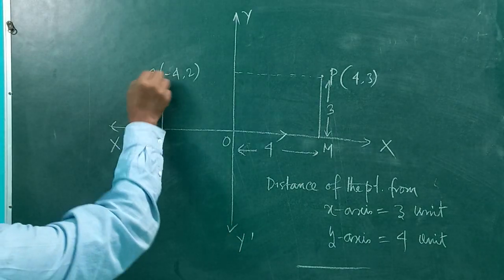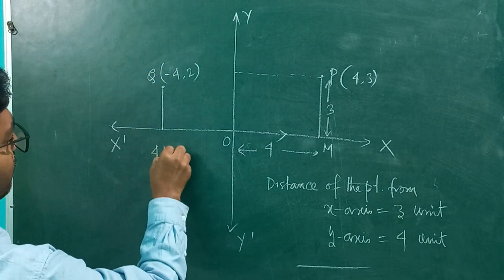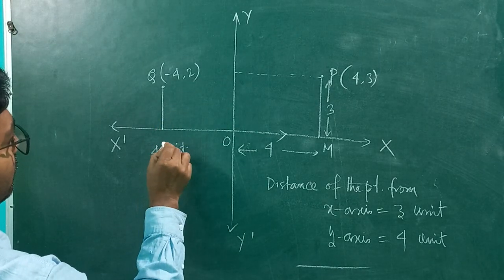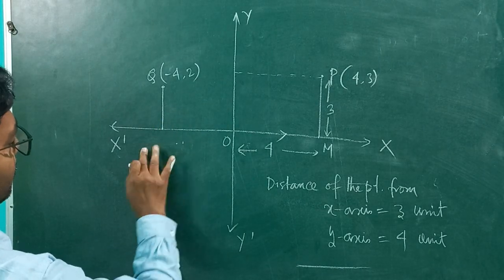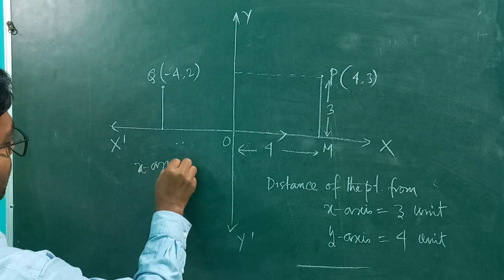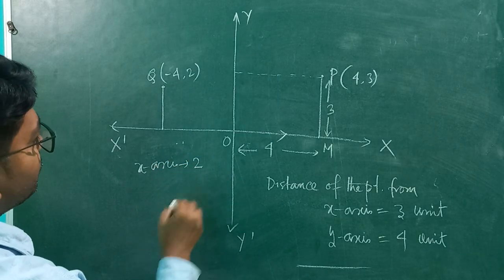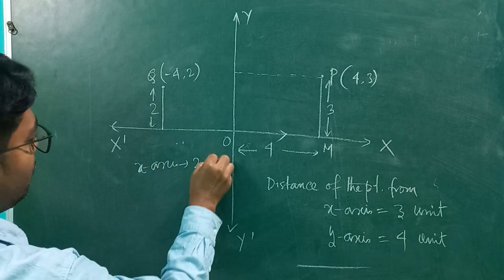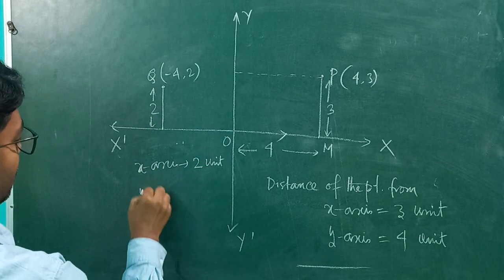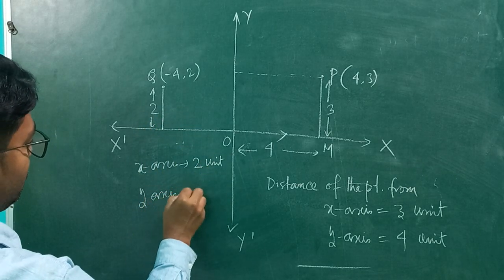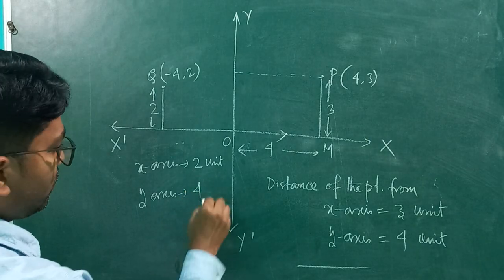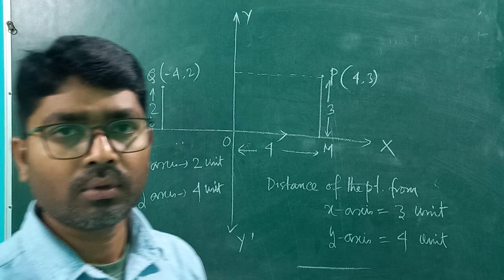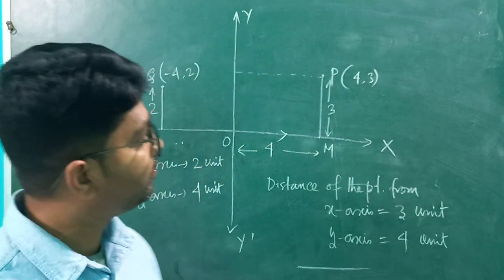So the distance of the point from the x-axis is 2 units, and from the y-axis it is not -4, it is 4 units. So, clear to everybody?